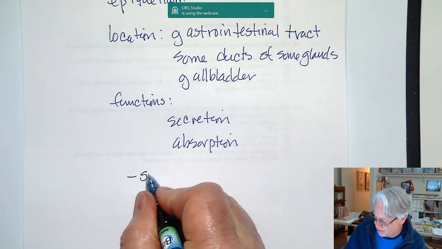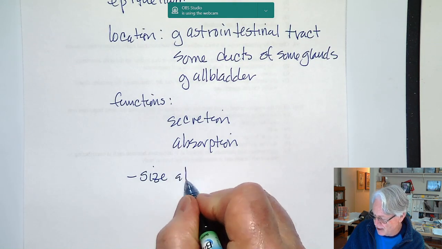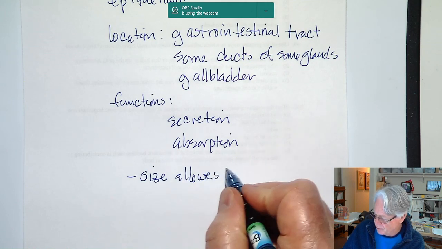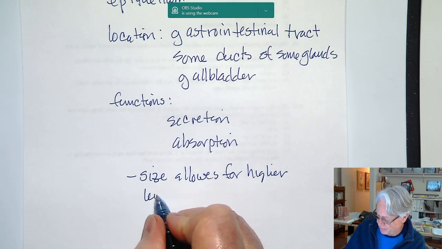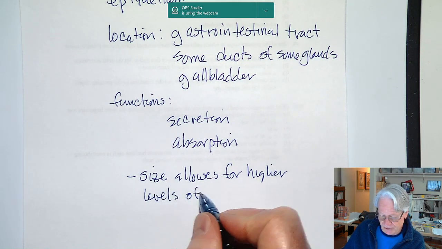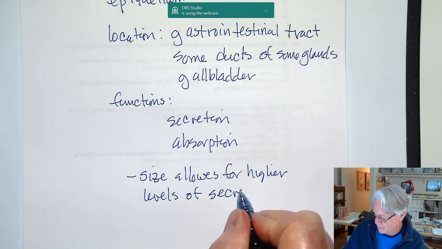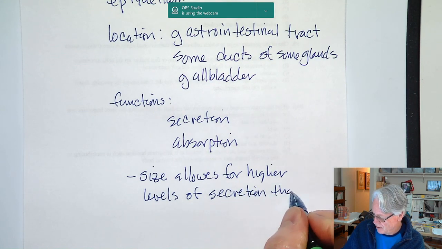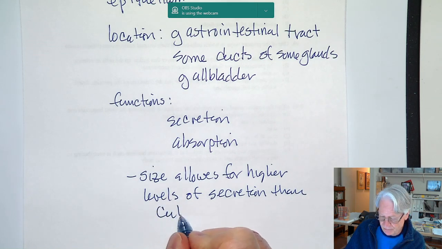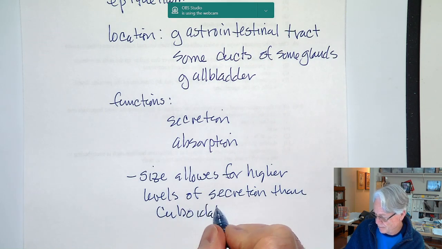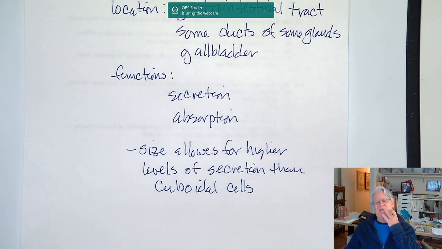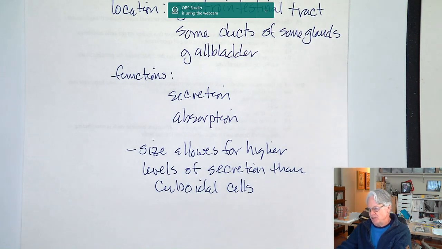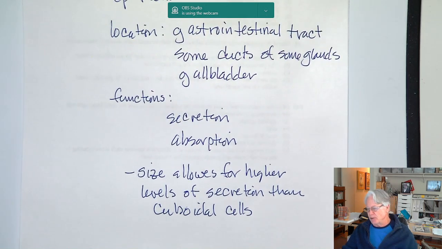So the size allows for higher levels of secretion than cuboidal cells. And this is something you're going to see in the digestive tract. So the digestive tract, as we've seen in our list, the gastrointestinal tract, is lined with simple columnar epithelium.